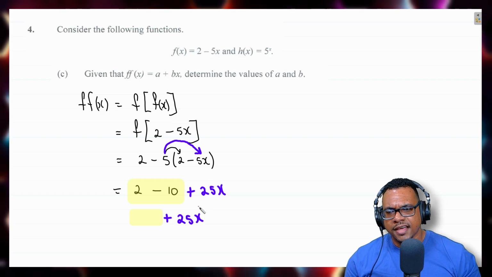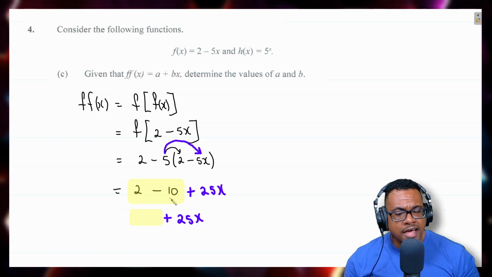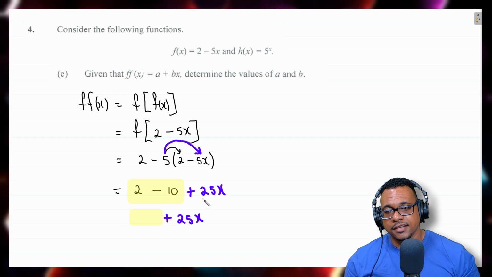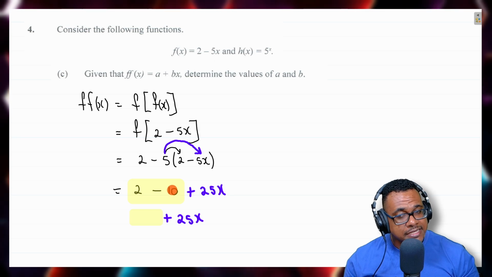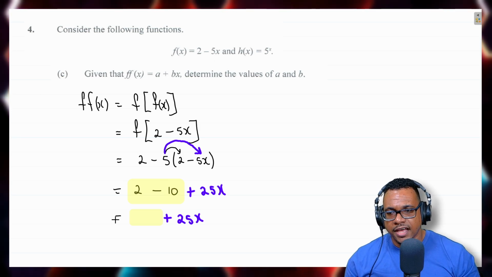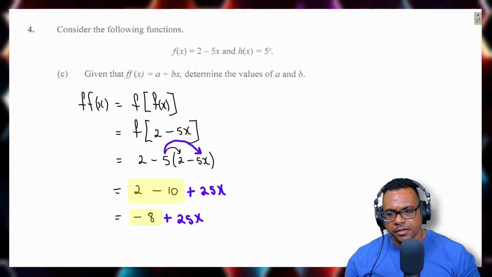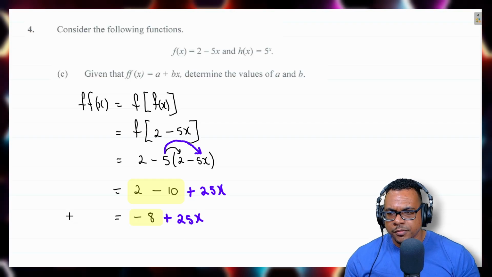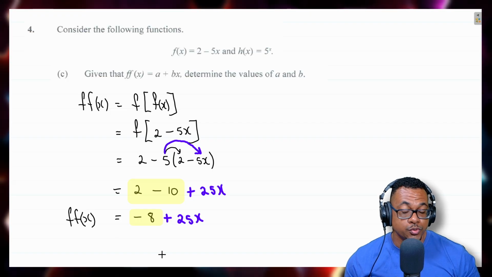Now we can see here that the 2 and the negative 10 are our like terms, and this 25x is by itself. So 2 take away 10 is negative 8. So we're going to have negative 8 plus 25x. And that will be what f of f of x is equal to.